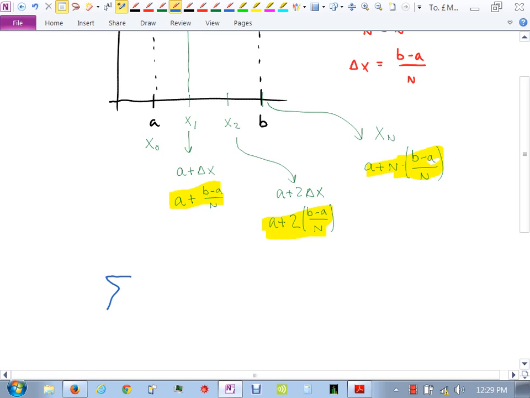It'd be a sum, k equals 1 to n, of my function evaluated at a plus k times (b minus a) over n. That (b minus a) over n is kind of like the 4 over n was. Then times the width of each of the rectangles, which used to be 4 over n, but now it's (b minus a) over n.